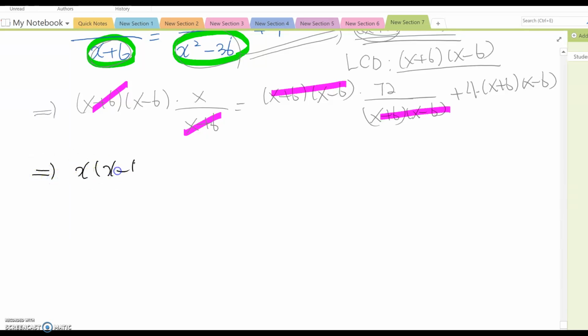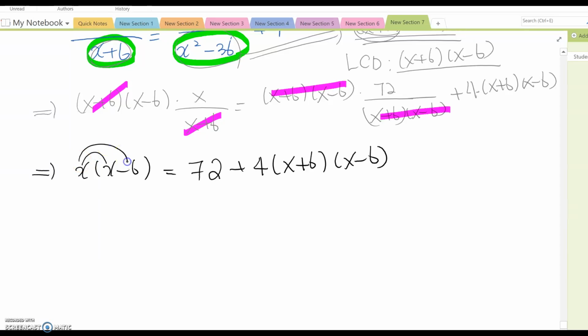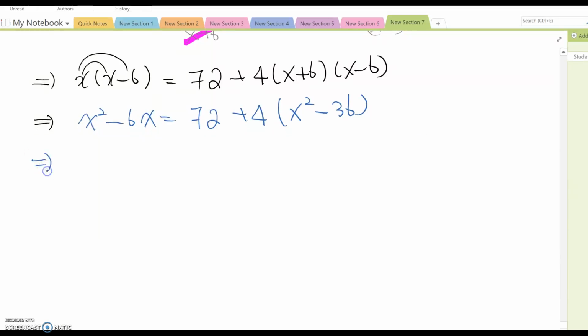x times x minus 6 equal to 72 plus 4 times x plus 6 times x minus 6. You distribute, then x squared minus 6x equal to 72 plus 4 times x squared minus 36. Therefore, this becomes x squared minus 6x equal to 72 plus 4x squared minus 144.